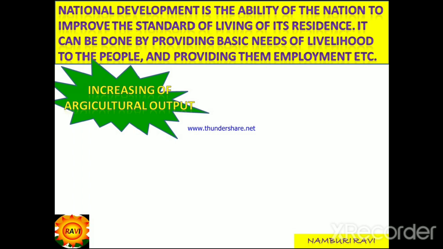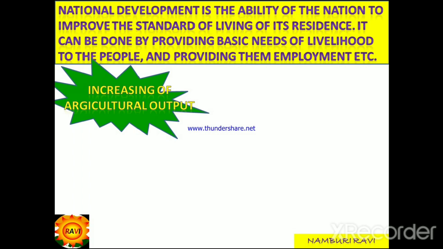Wherever there are wastelands, they were converted into agricultural lands. Irrigation facilities were developed by the construction of dams. Like that, the government is taking different steps for the improvement of the agricultural sector, and at present our farmers are using advanced technology by using hybrid seeds, high yielding varieties of seeds, fertilizers, pesticides, insecticides, and many other new tools and techniques.